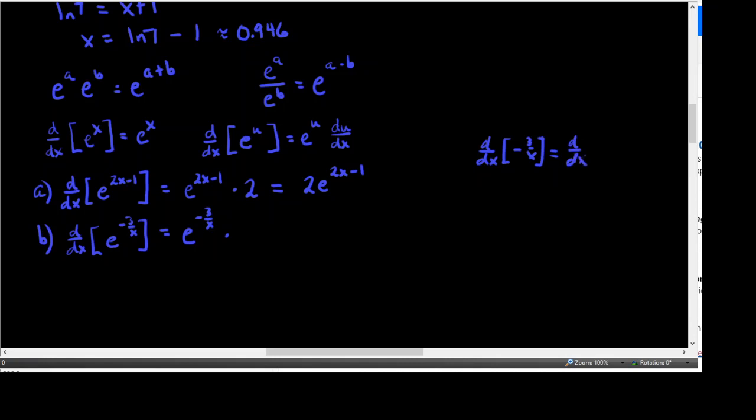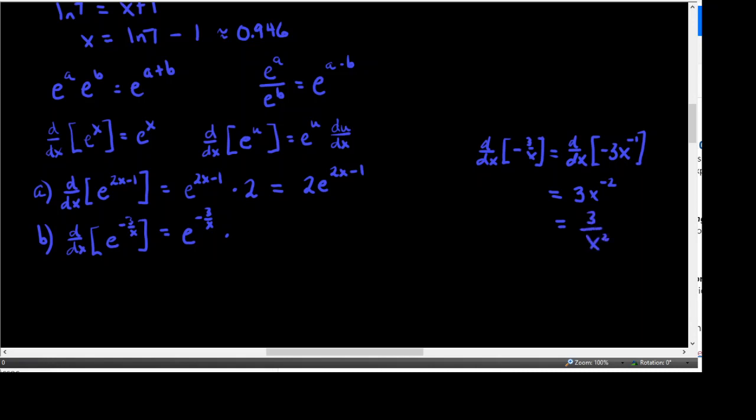So I'm going to rewrite that as the derivative of negative 3 times x to the negative first. And so the derivative is negative 3 times negative 1, which is positive 3, x to the power reduced by 1, negative 2, which we could write as 3 over x squared.